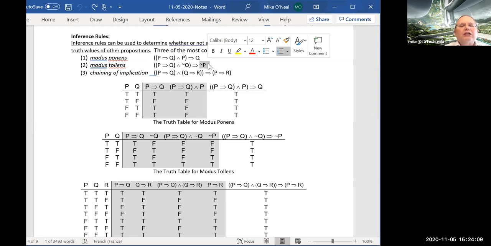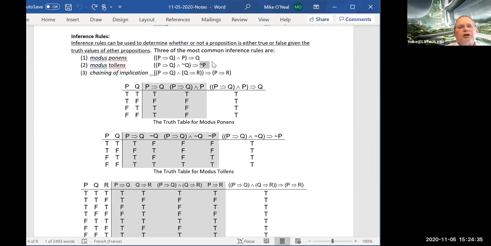A lot of times humans goof up and they say something like, if I'm in the pool, then I'm wet. Okay? And they say something like, I'm not in the pool. And we naturally want to conclude, well, then I'm not wet. But that's not modus tollens.